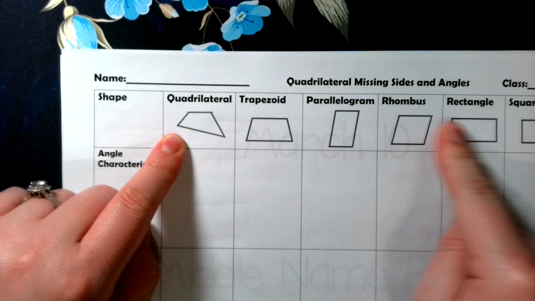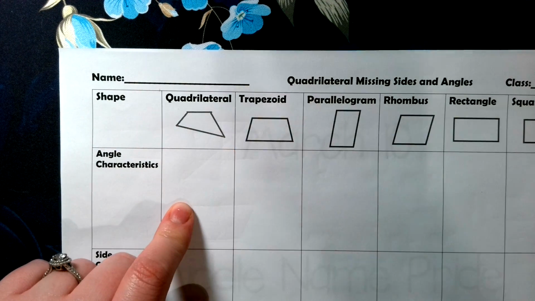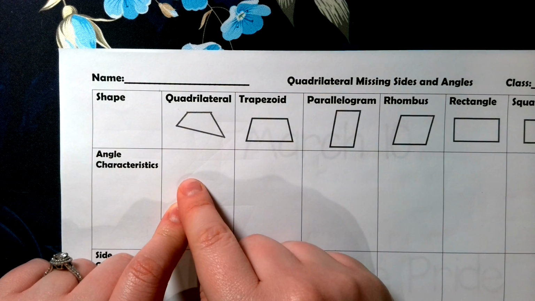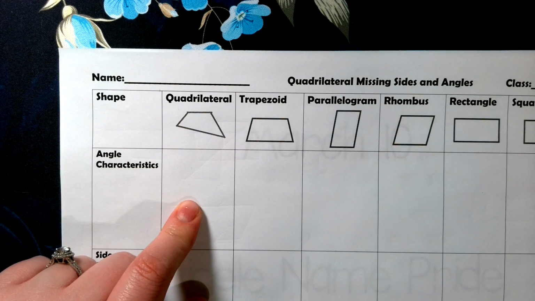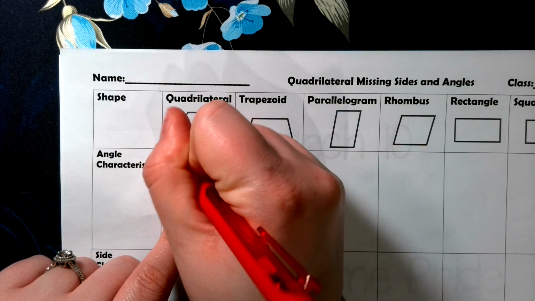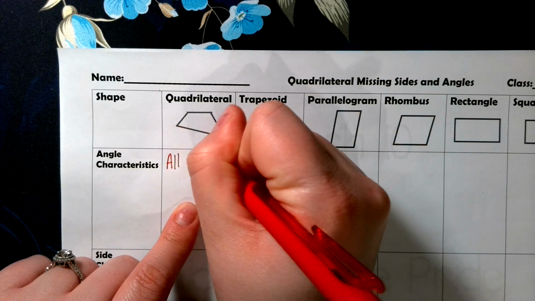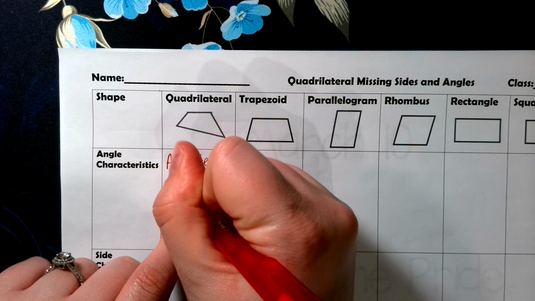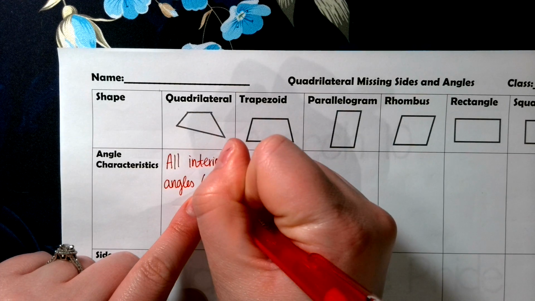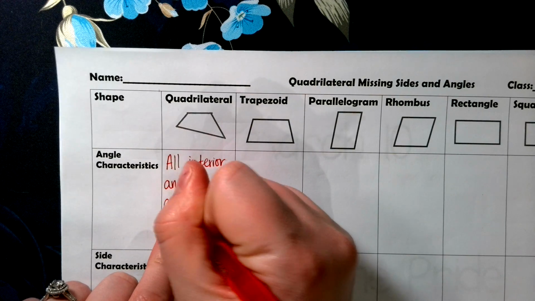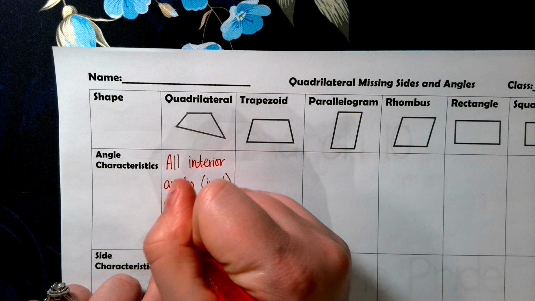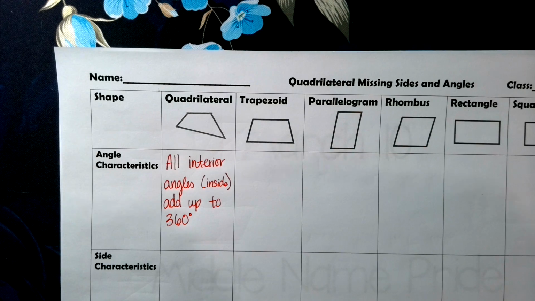Alrighty, so our first shape, these are all quadrilaterals. There is no one thing that is true for all quadrilaterals about their angles, except for the fact that all interior angles, interior means that they're on the inside, all interior angles add up to 360 degrees.